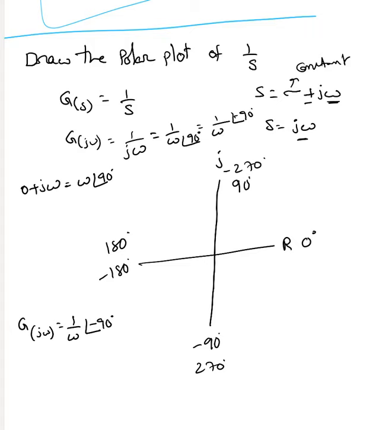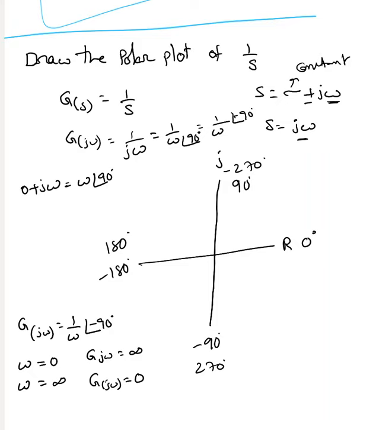Now, we're going to draw the graph based on this. So what if omega equal to 0? Then G of j omega equal to infinite, right? What if omega equal to infinite? So 1 over infinite, G of j omega equal to 0.